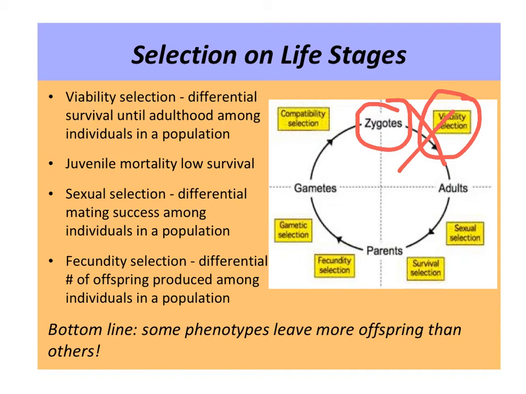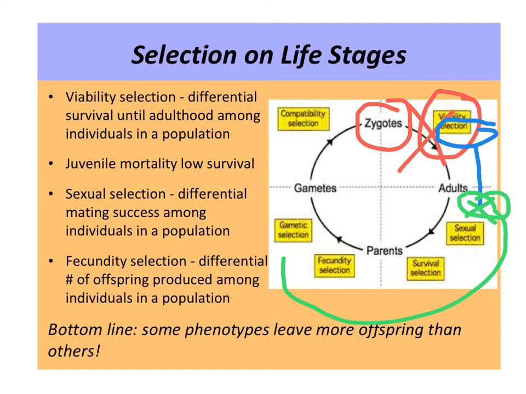Let's say they were fine. They survive through adulthood. Now it's a matter of, do they find mates or not? This is sexual selection. If they find a good mate, they mate, they become parents, they produce gametes.